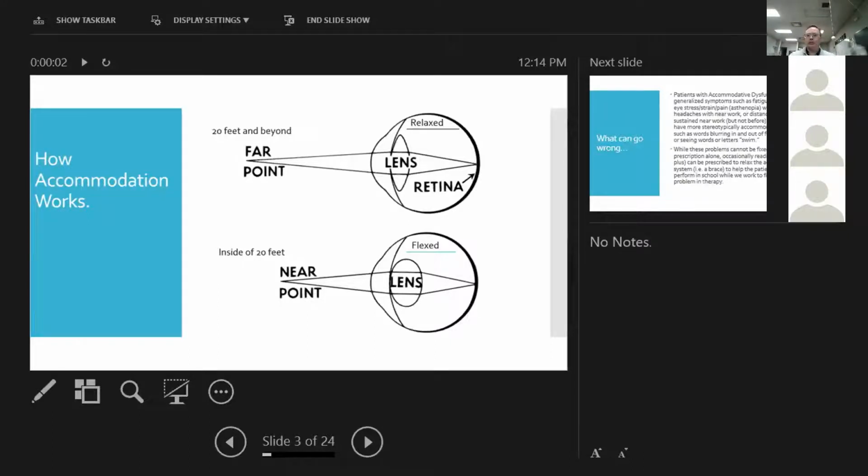Maybe a classroom is 25 feet long, but where that child is usually sitting, most places don't have a 20-foot viewpoint, okay?